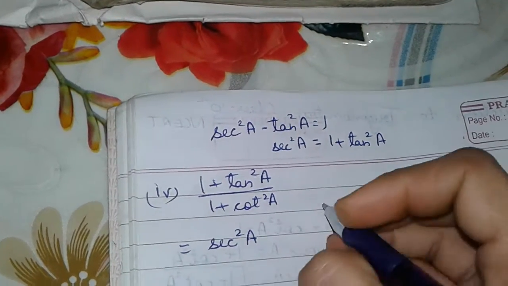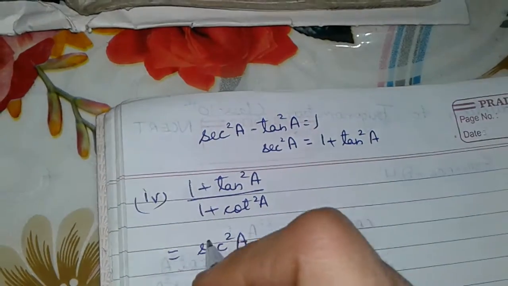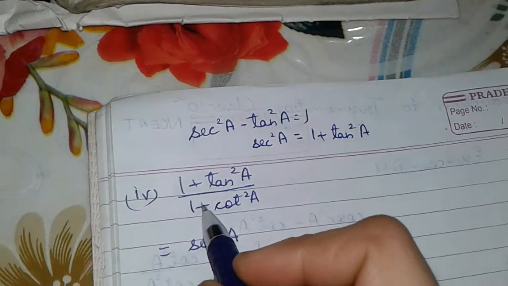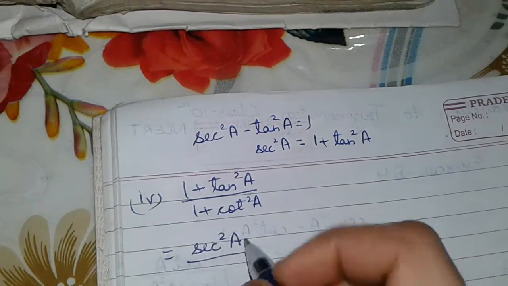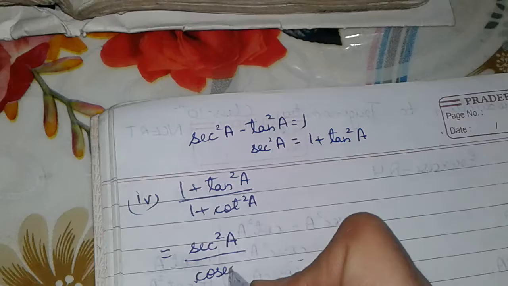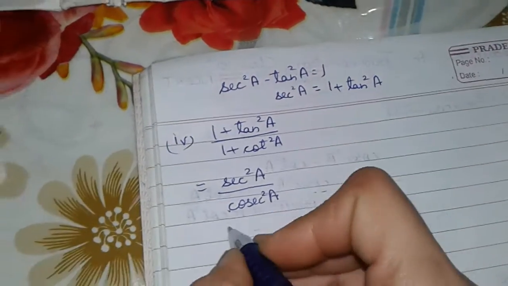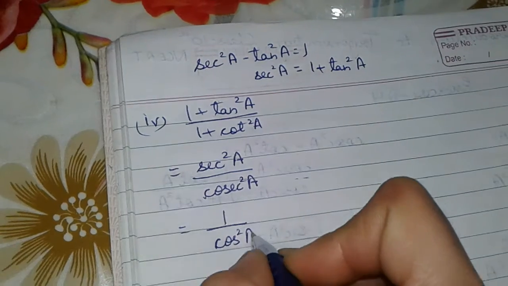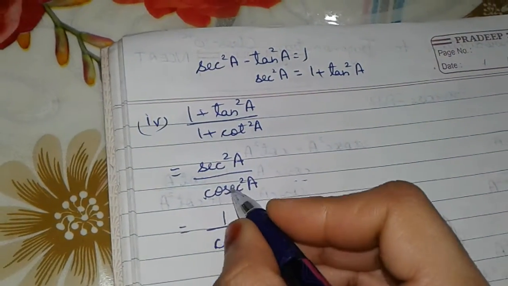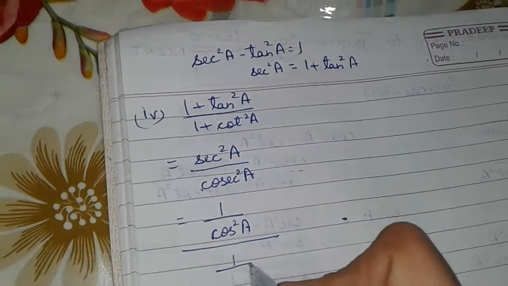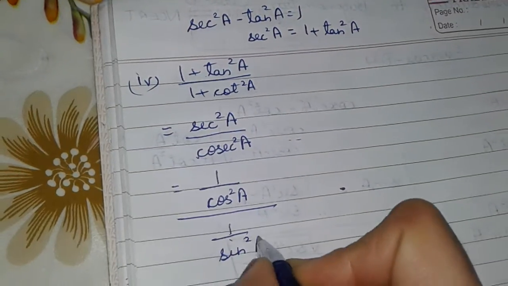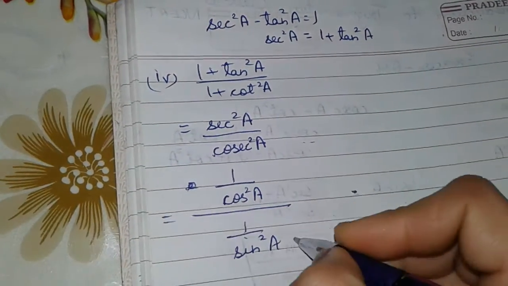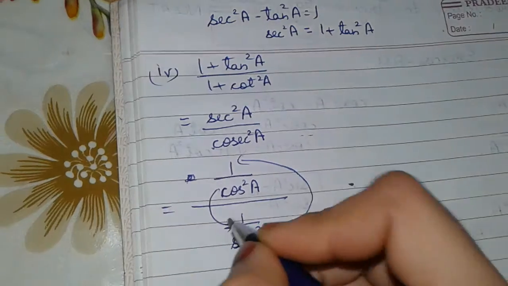Similarly, one of the identities is cosec square A minus cot square A equal to 1. From there we will find 1 plus cot square A is equal to cosec square A. Now sec square A is the reciprocal of cos square A, so sec square A can be written as 1 upon cos square A and cosec square A can be written as 1 upon sin square A. Now this will go to this and it will go to here.